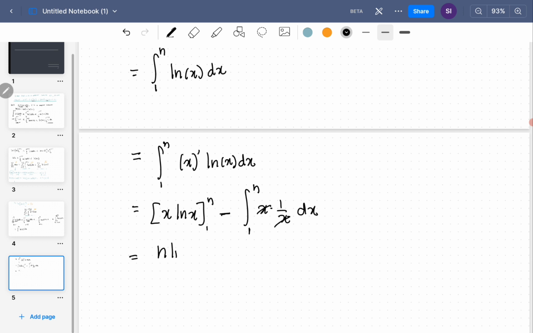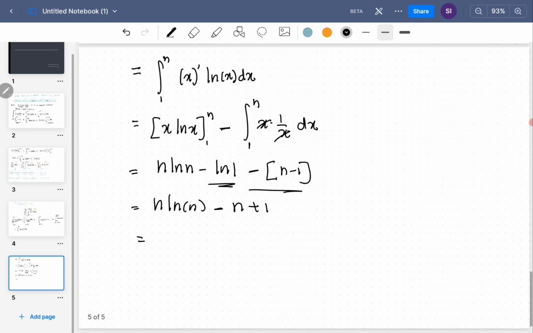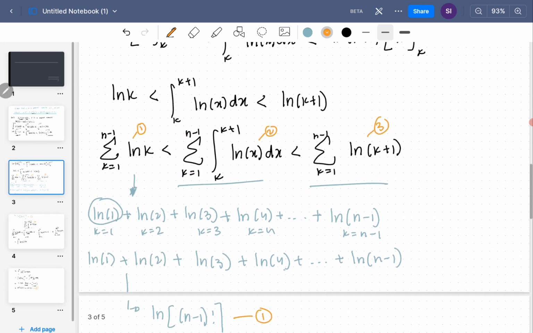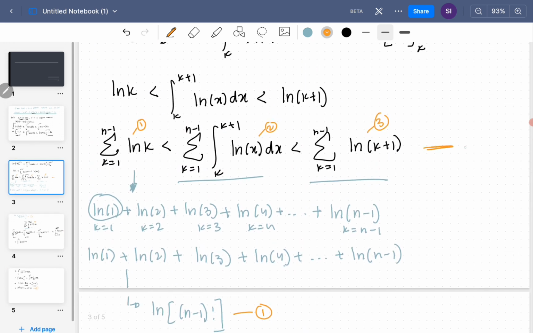N natural log of n, minus natural log of 1, minus n minus 1. n ln n, this is just 0, minus n plus 1. I just expanded this. And that's basically what it's equal to. So then this is our second equation that matched over here. Let's label this the main equation.